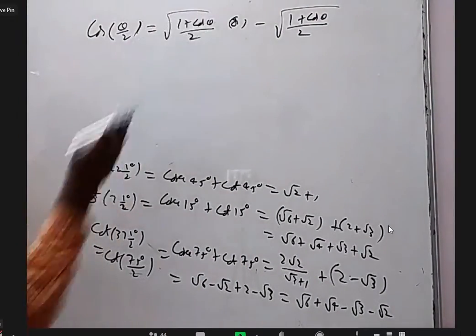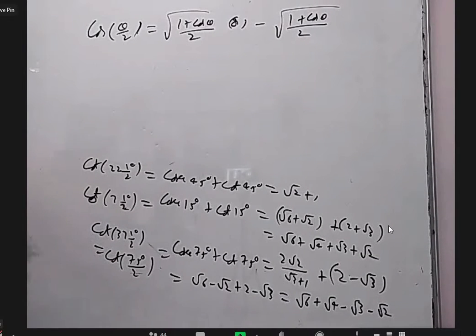Because 1 plus cos theta is 2 cos square theta by 2. I told you to remember this: 1 plus cos theta is 2 cos square theta by 2, and 1 minus cos theta is 2 sin square theta by 2. Remember them that way.